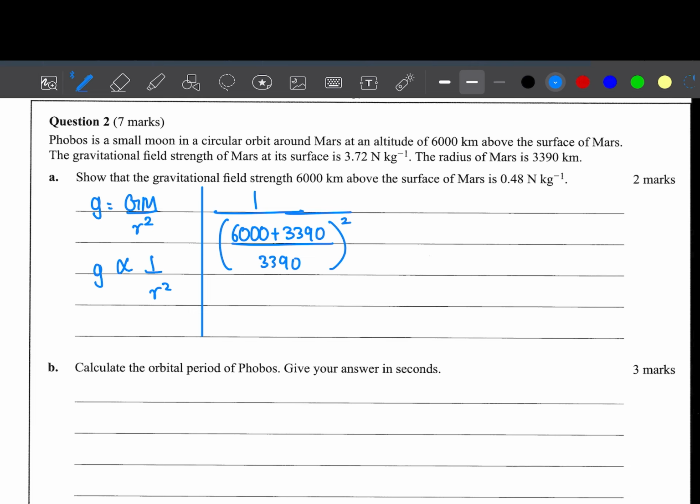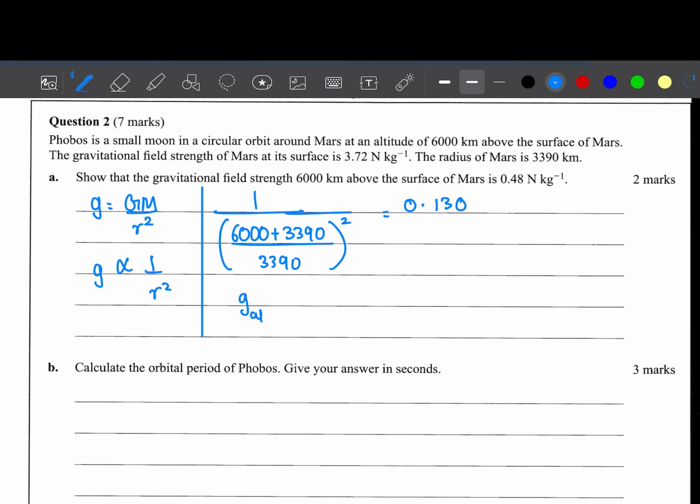1 on (9390 over 3390) to the power of 2, and we will get 0.130 roughly.